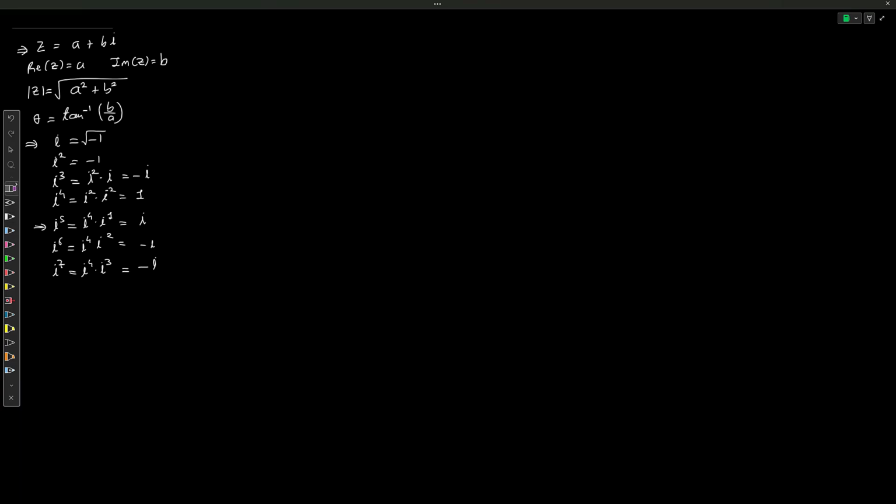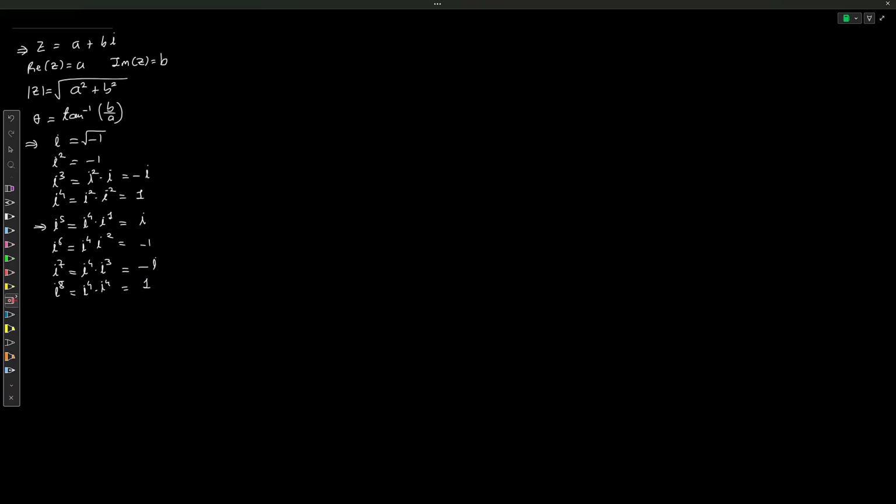Then i raised to 8, product of i raised to 4 and i raised to 4, that will be 1. So notice that the values repeat: i, -1, -i, 1. Again i, -1, -i and 1.